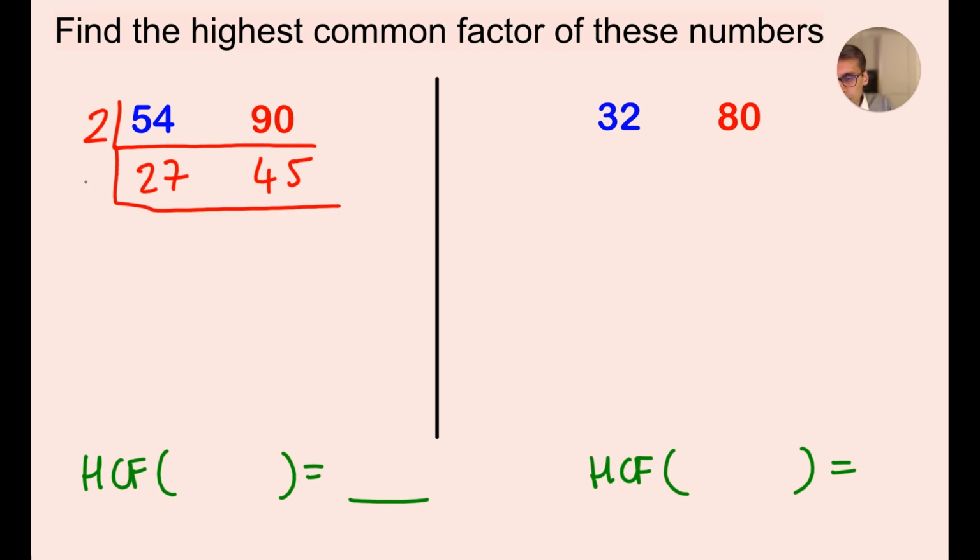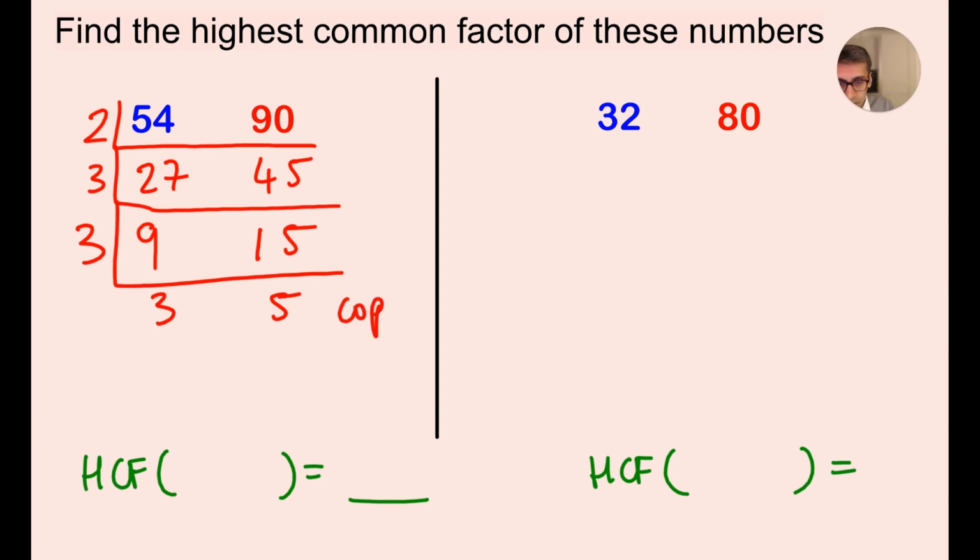And now I know you can divide both of these by 3. So 27 divided by 3 is 9, and 45 divided by 3 is 15. We're going to divide by 3 again to get 3 and 5. These are coprime.